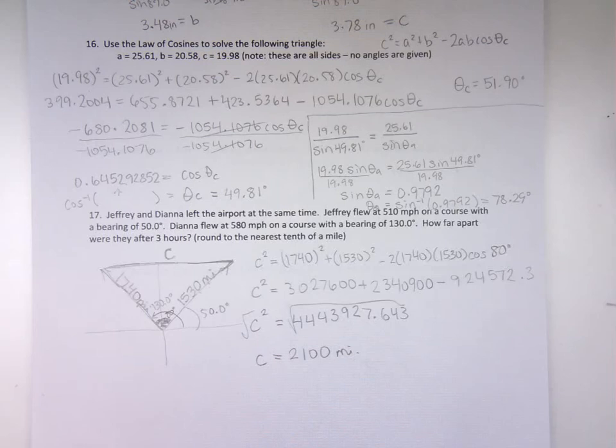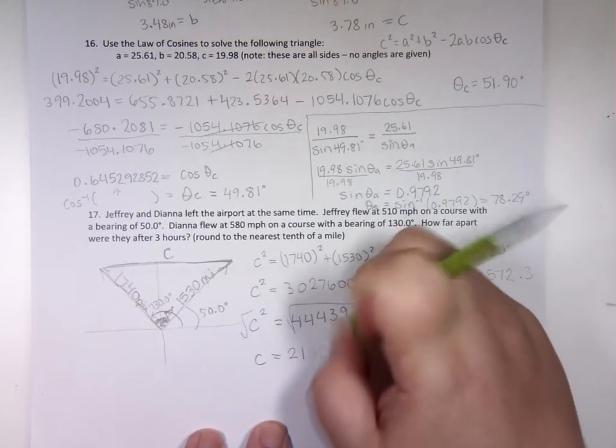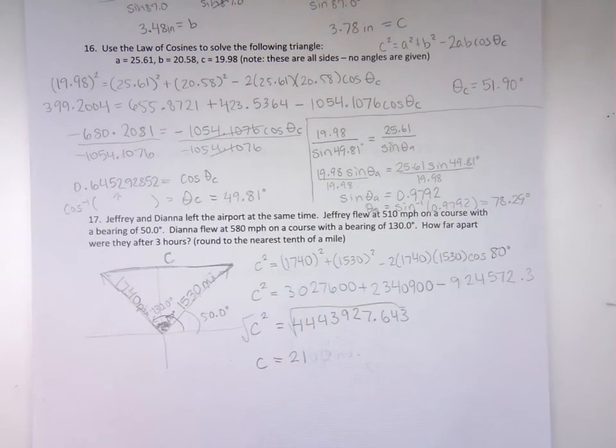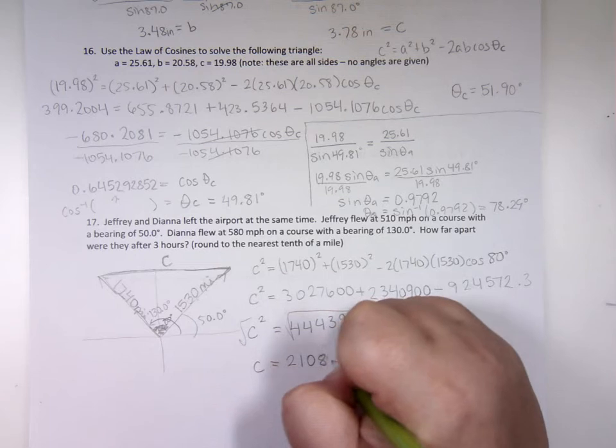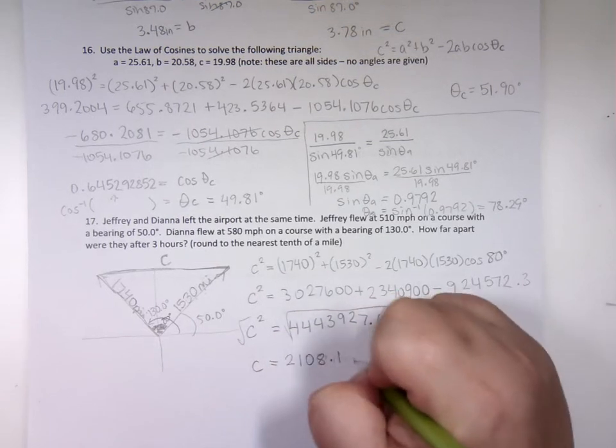That's my bad. So, all right. When I don't tell you anything, always assume significant digits, unless I tell you otherwise. So make sure to read the directions, because that's part of test taking. And always go back and double check that you've done everything right, because it's very easy to skip over a direction like that. So 2108.1 miles.